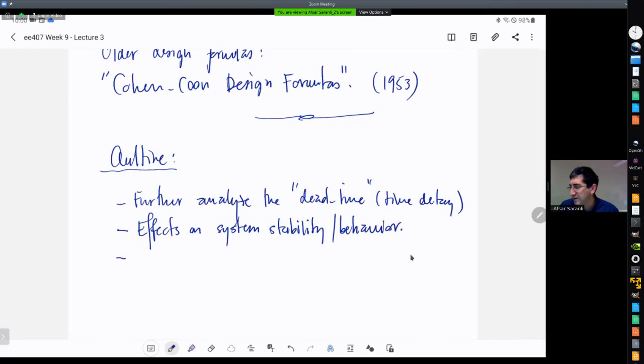We will discuss linear models, linear approximations. Well, let me not say linear because the time delay is also linear, but let's say finite dimensional approximations to the time delay.